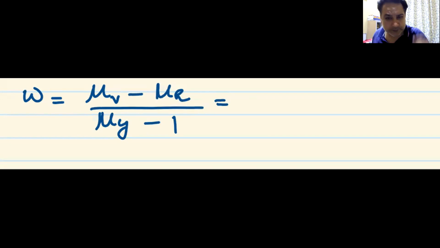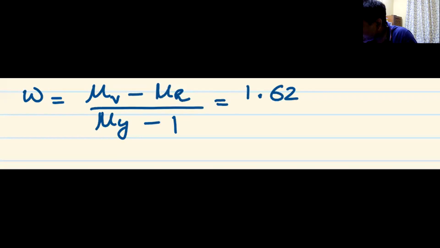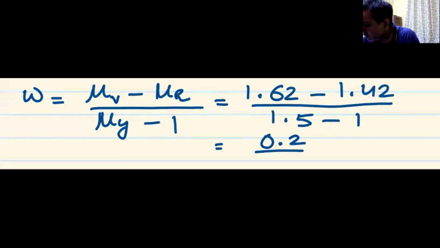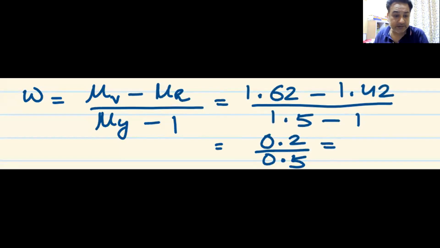Just put the values. Mu violet is 1.62 minus 1.42, divided by 1.5 minus 1. So I think you will get 0.2 in the numerator and 0.5 in the denominator. 0.2 divided by 0.5. You can calculate this value.